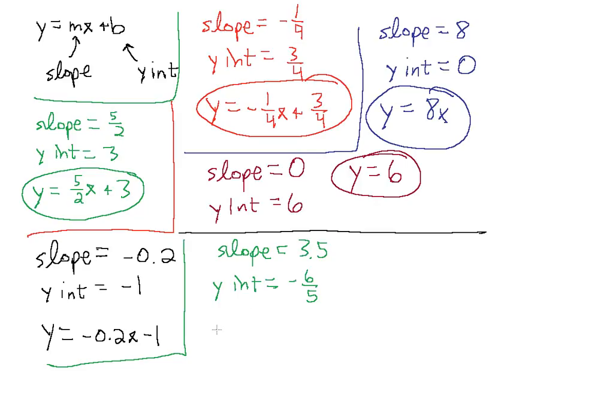Slope-intercept form is y equals our slope times x plus our y-intercept, which is minus 6/5. Now you can convert one to the other. The decimal you can convert to a fraction, or this fraction you can convert to a decimal, or you can leave it like this. This is perfectly acceptable as long as our components are in the right place and our signs are correct.